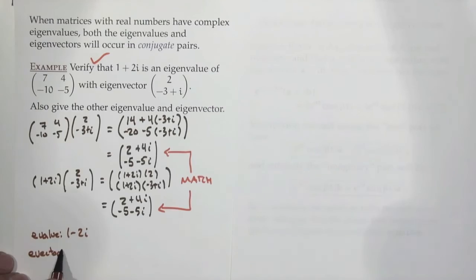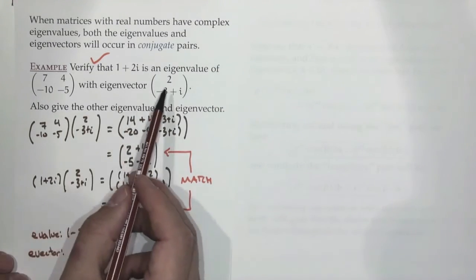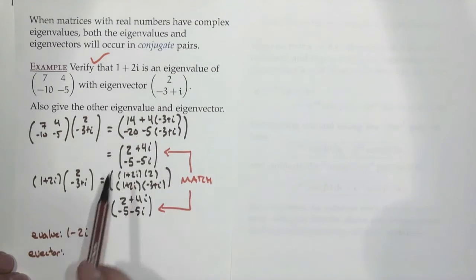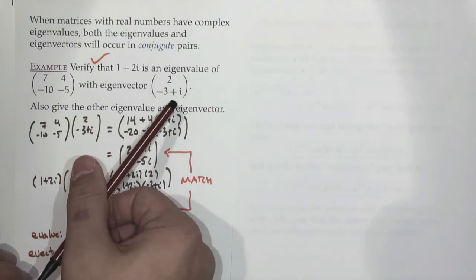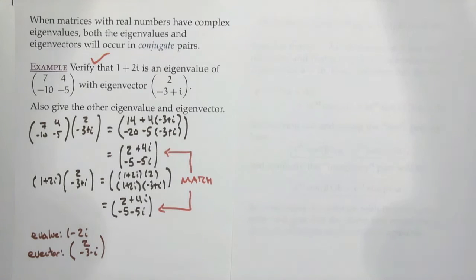Now, since this is associated with the vector 2, -3 plus i, what will 1 minus 2i be associated with? 2, -3 minus i. Yeah, the punchline is the parts in front of the i change the sign.